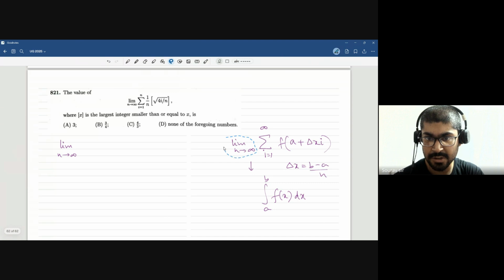That is not just 1 by n, that is again b minus a by n. So we'll just attach one more delta x here. Okay, that should give you your answer.